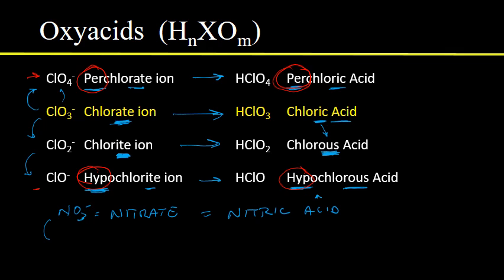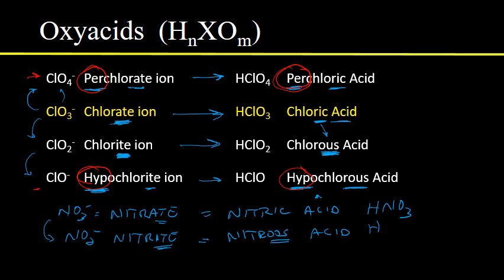If we remove one oxygen, NO2, this gives us the nitrite ion, and the corresponding acid, I should have written the formula over here, HNO3, the corresponding acid is nitrous acid, and the formula is HNO2.